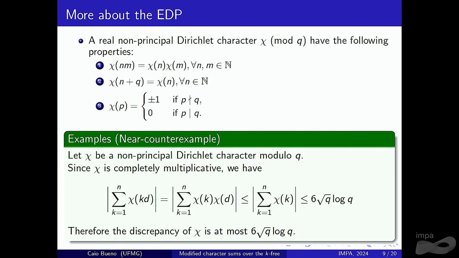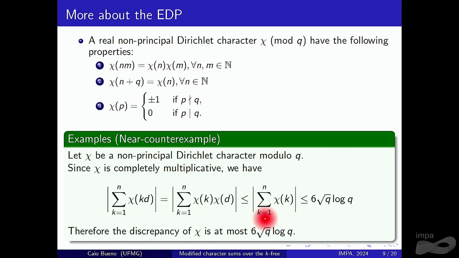So the Dirichlet character is what we call an extreme example, or a near counterexample, to the Erdős discrepancy problem, because if you consider a Dirichlet character modulo Q as above, since it is completely multiplicative, we have the first equality, and the second comes from the fact that a Dirichlet character is bounded by 1, the first inequality, and the second inequality is the Pólya-Vinogradov bound.